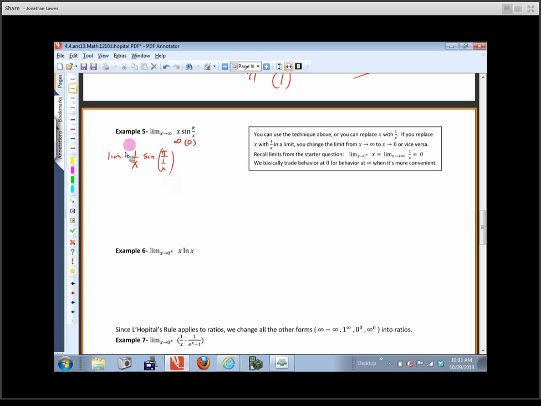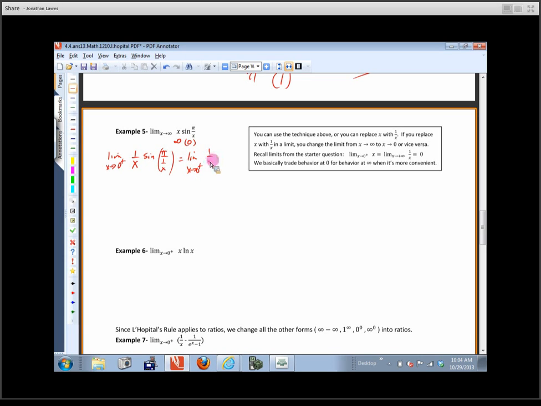If we do this, x approaches 0 from the positive side. So let's just double check and make sure. I'm going to simplify this expression right here. This is going to be the limit as x goes to 0 from the positive side.